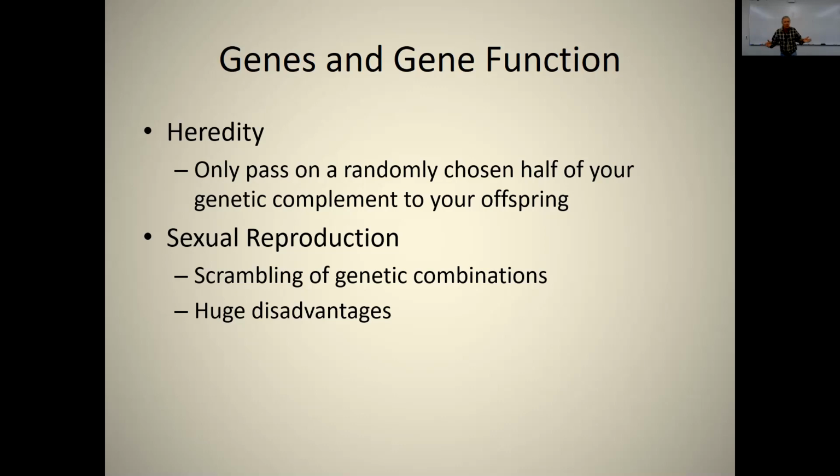And why would you want to scramble up combinations? In most organisms, not in people, but in most organisms in the wild, very few individuals make it to adulthood and make babies of their own. Very few. And if they do, they probably had a really good combination of alleles, so why do you want to screw that up?